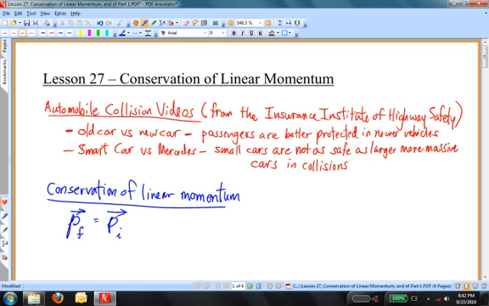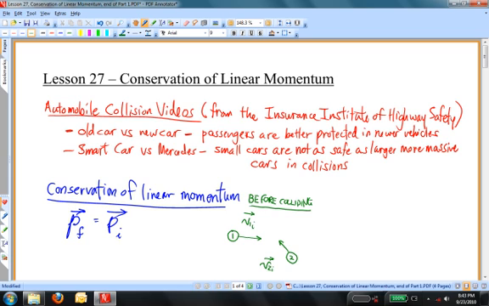The kinds of problems that you're going to deal with are generally going to be two-body problems, in which you have two objects that are going to approach each other, and then those two objects are going to collide, and then you'll have the two objects going away from each other. So I'm going to sketch a diagram of that. These two objects are approaching each other, and they're going to collide.